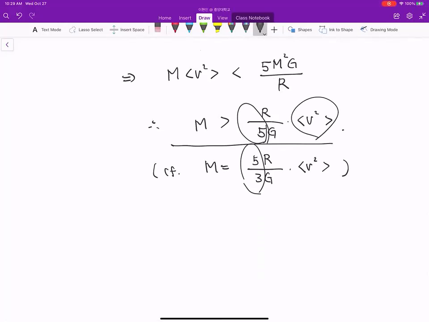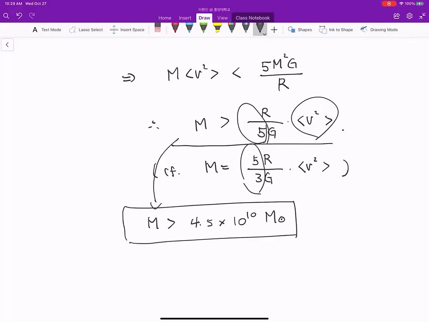In this case, the cluster mass should be greater than a certain value, which is about 1 order of magnitude smaller than the previous estimation.